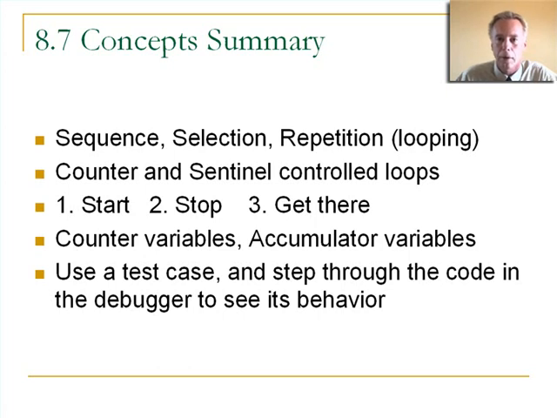When you're solving a problem that uses loops, make sure that you have a test case, and that you can use it to walk through the loop and make sure that the behavior of the loop is what you expect, so that with this test data and this expected result, you have a definite target that you're trying to make your program work towards.